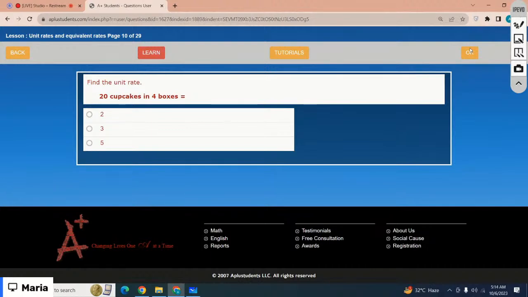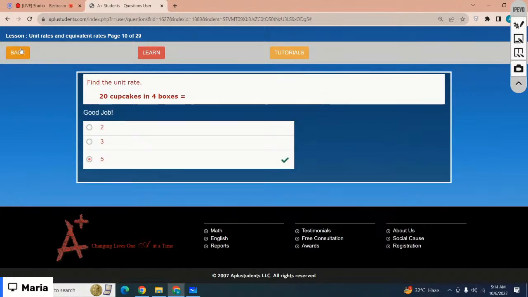So 20 cupcakes in 4 boxes. Yes, that means you have 5 cupcakes per box. The correct option is 5 cupcakes per box. Okay, you can complete the lesson by yourself later today. Let's move on to the next one.